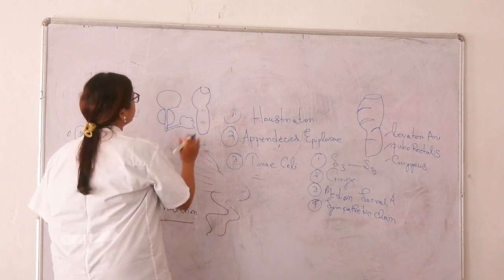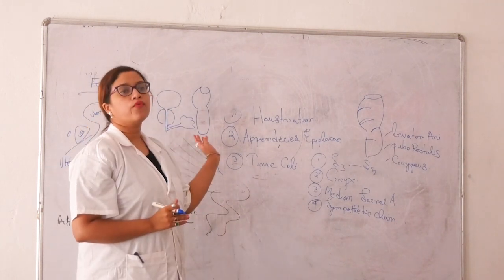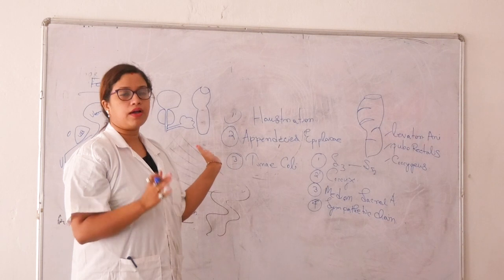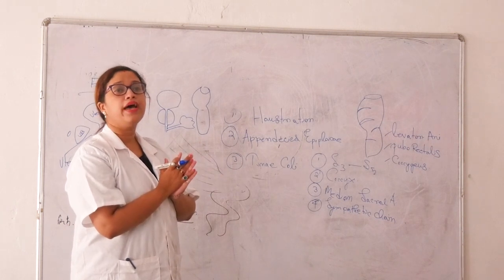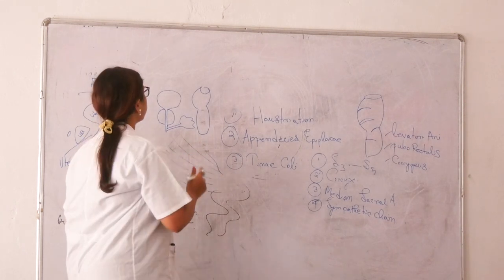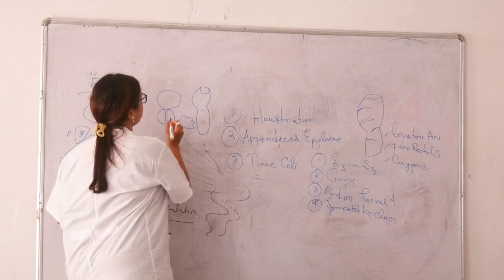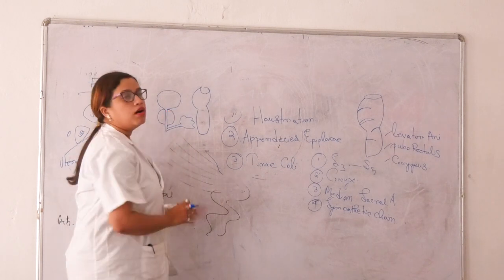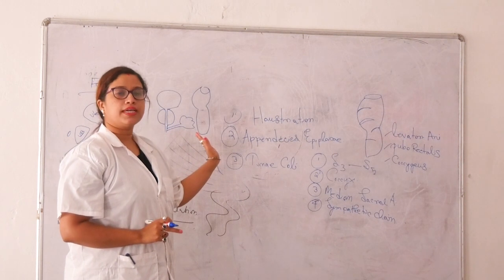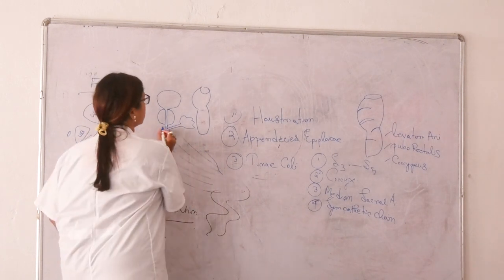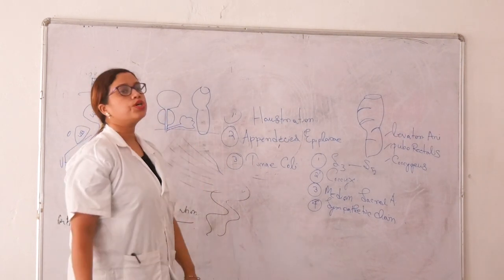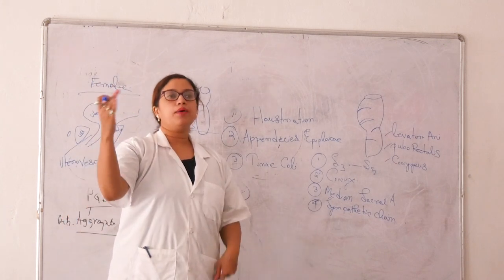We have to know the level at which the rectum combines with the anal canal. For that you have to know where the apex of the prostate finishes. Where the apex of the prostate finishes, that is the junction of the rectum and anal canal.